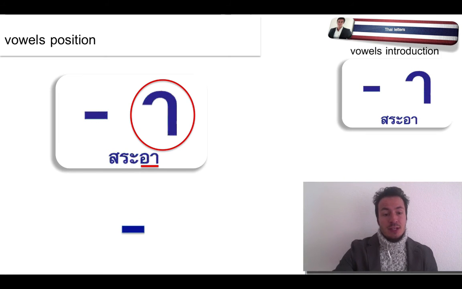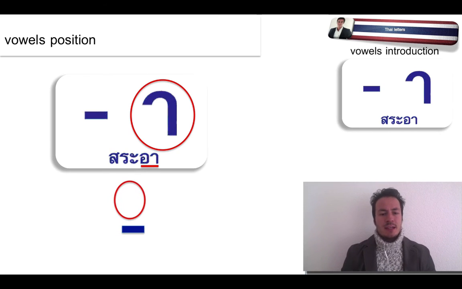The vowel can be to the right of the consonant you wish to use, but it can also be below the consonant, to the left of the consonant, or on top of the consonant.